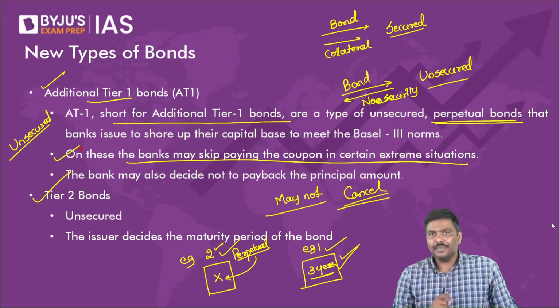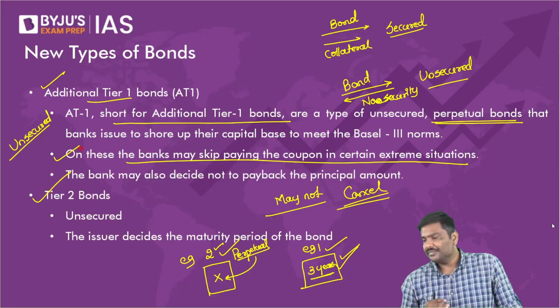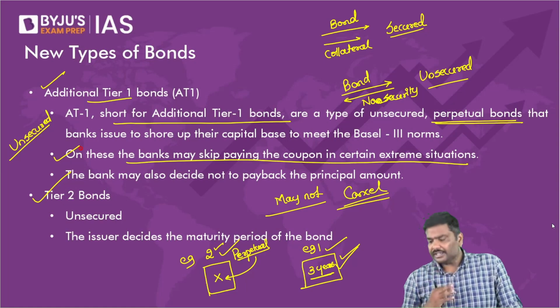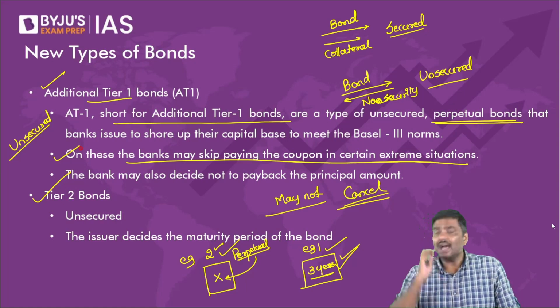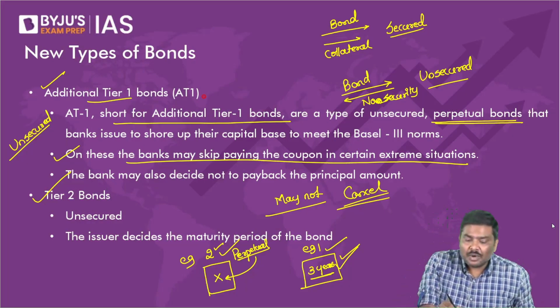Now, after looking at all of this, don't you think tier 1 bonds are very, very risky? And that is the precise reason tier 1 bonds carry a higher coupon rate.